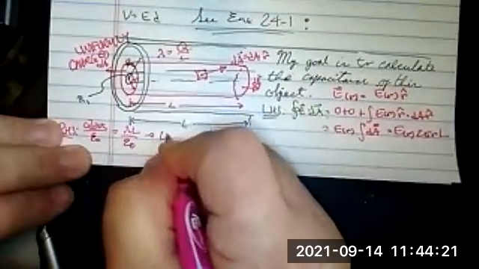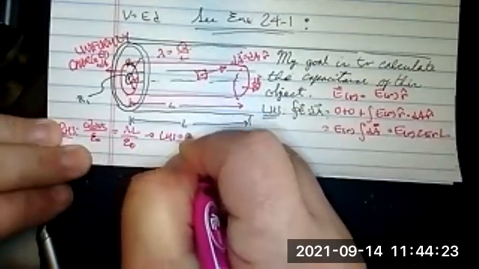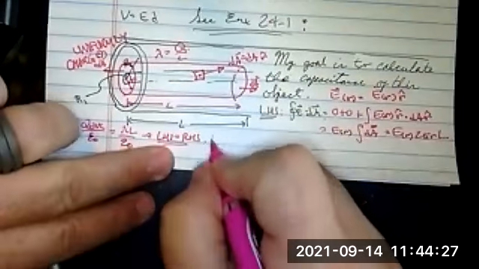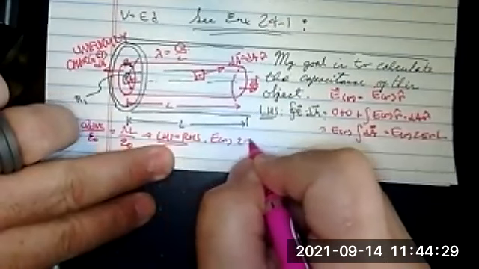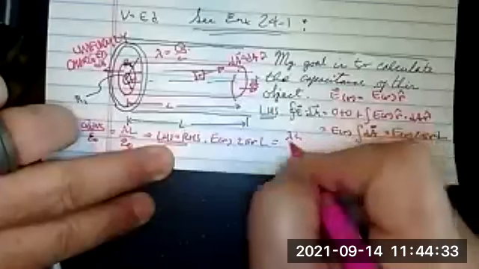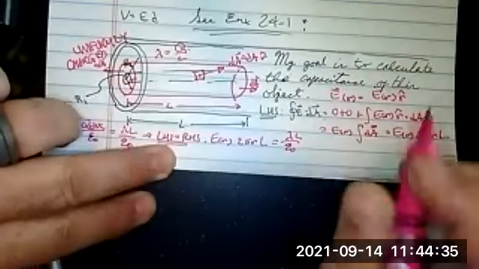So this means left-hand side equal right-hand side gives me E of R times 2 pi R L is equal to lambda L over epsilon naught.